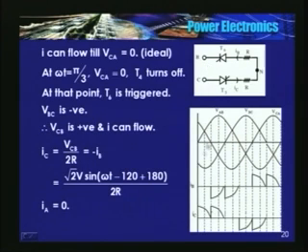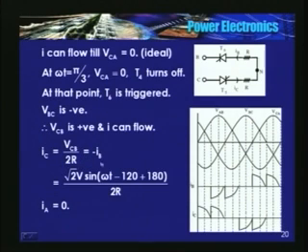Now let's see what happens. See here, VBC is negative. So at omega t is equal to pi by 3, VBC is negative, therefore VCB is positive. So VCB is positive, and current can flow. And what is that current? IC is equal to minus IB, equal to VCB divided by 2R.